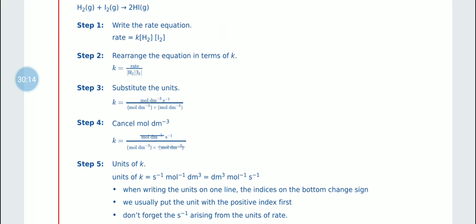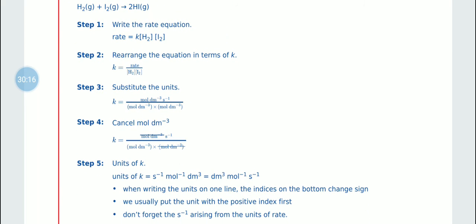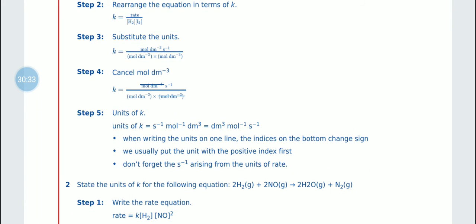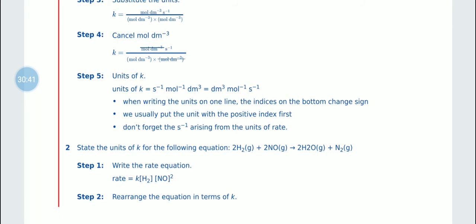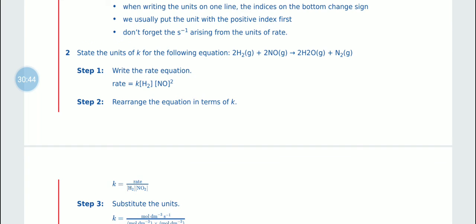As a result, you will be left with mole per mole dm^3 per second, or dm^3 mole^-1 per second. Then the positive index form is written first, and you also have to remember the per second part that is coming from the rate.